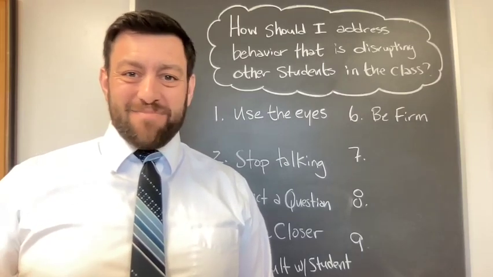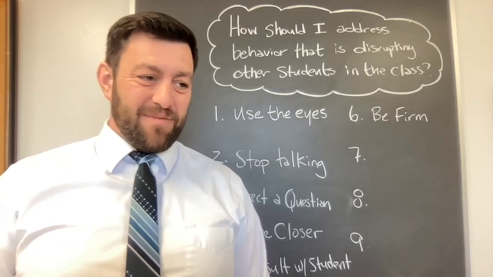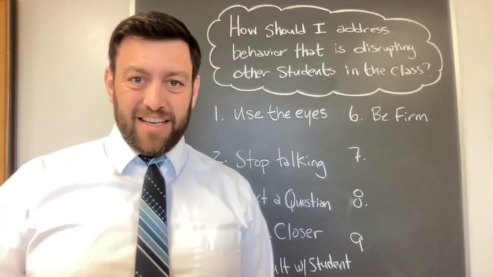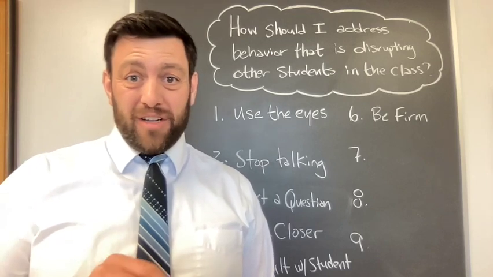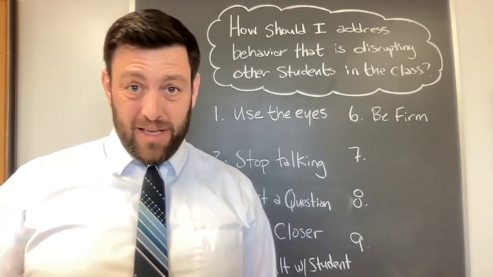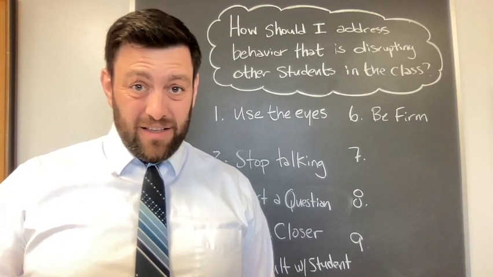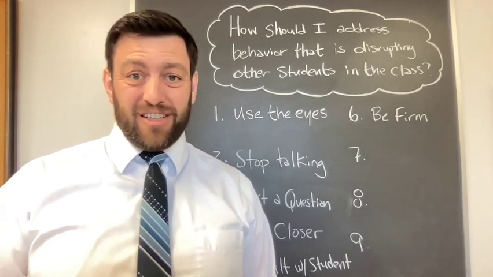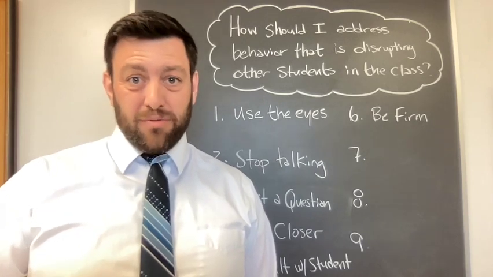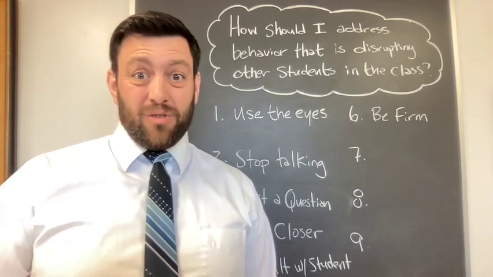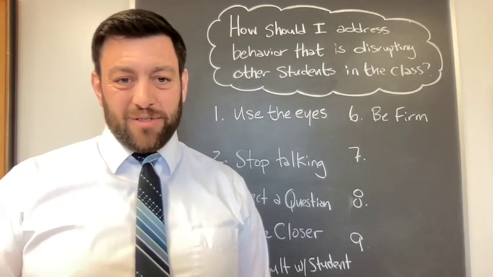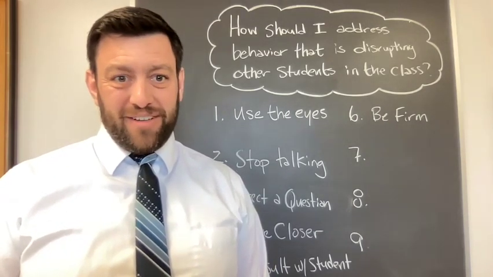That wording isn't meant to be threatening, but it is meant to be intentionally vague, to look a student in the eye and say, I need you to know that if this behavior doesn't change, if you keep disrupting your classmates, if you keep visiting during class, additional steps will need to be taken to resolve that. And you just leave them wondering what those additional steps are. We'll talk about that in number 7.